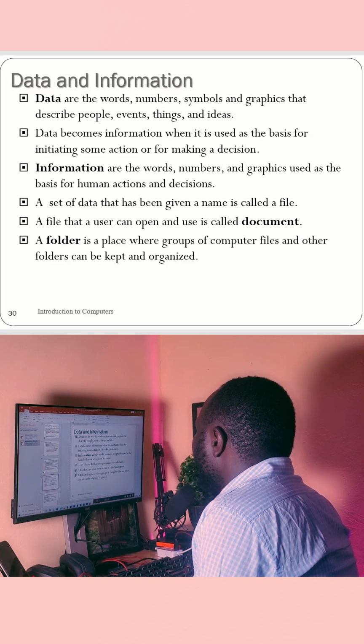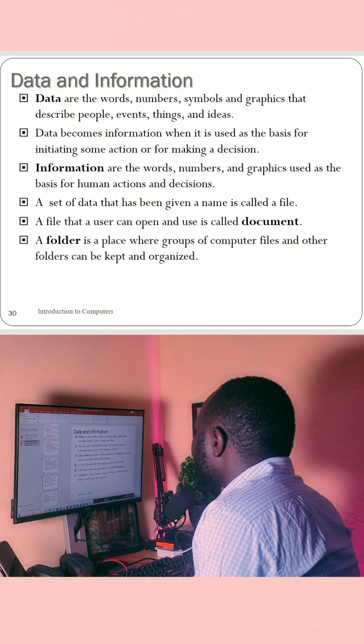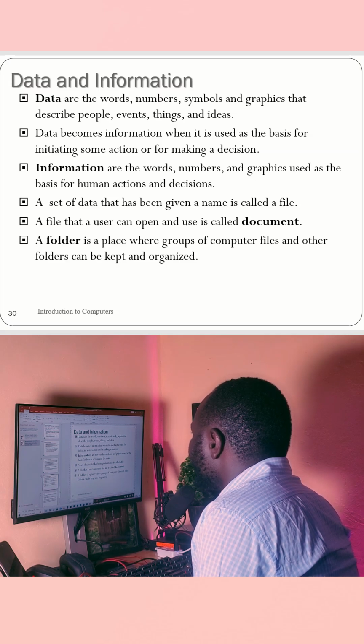So data becomes information only when it's useful and can be used as a basis for initiating some kind of action or decision making. Information is the words, numbers, and graphics used as the basis for human action and decision.